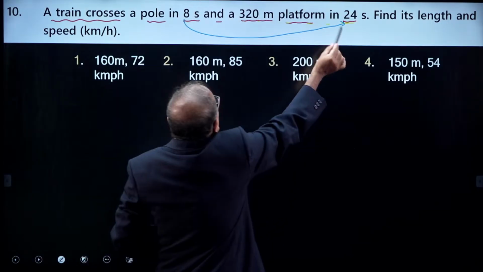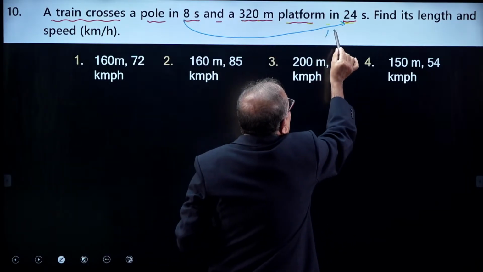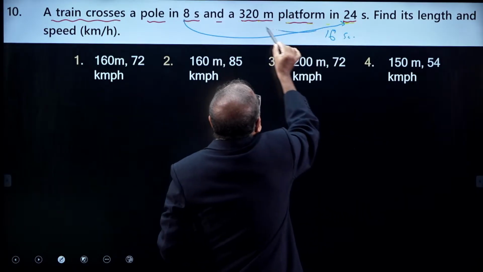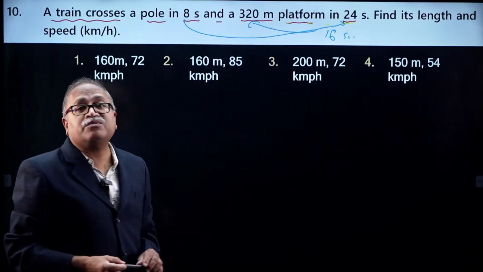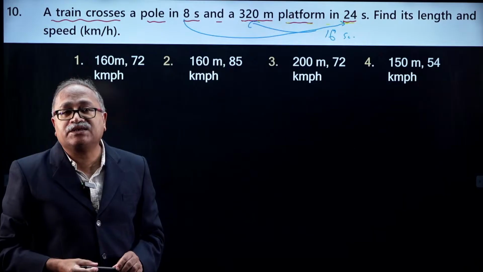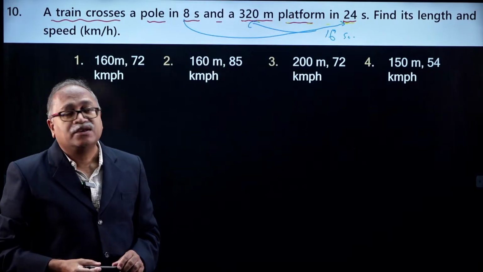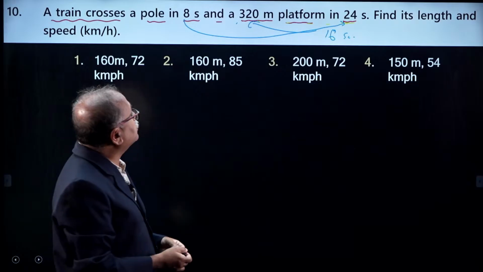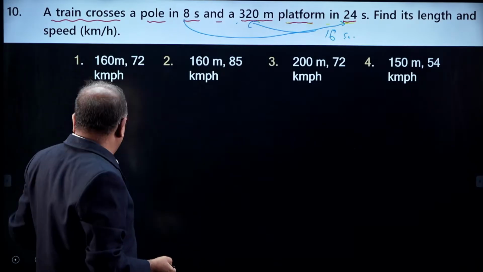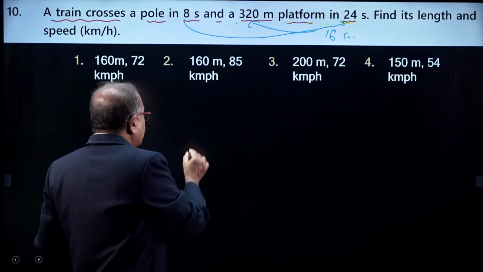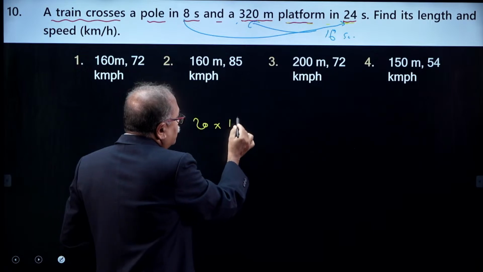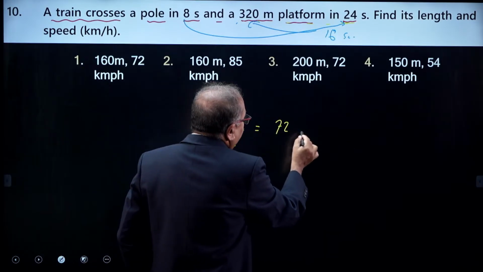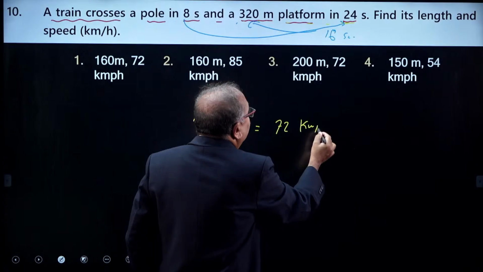So 24 minus 8, that is 16 seconds. So to cross 320 meter, it takes 16 seconds. So I get the speed 320 divided by 16, that is 20 meter per second, but it is asking in terms of kilometer per hour. So 20 into 18 by 5, 4 into 18, that is 72. So 72 kilometer per hour.